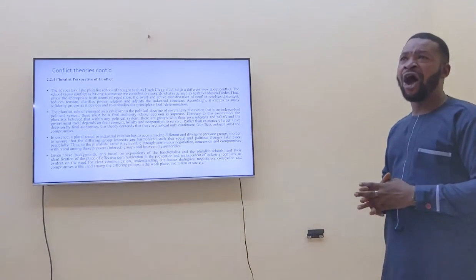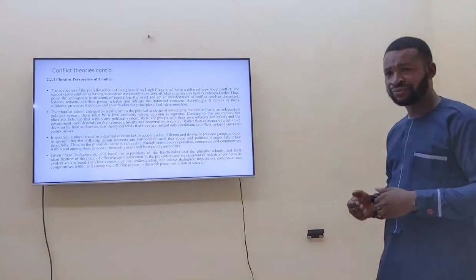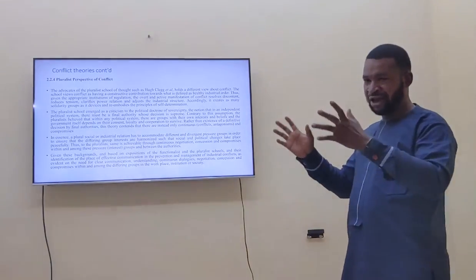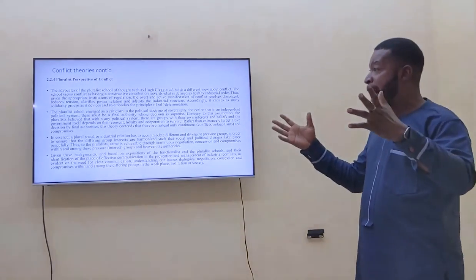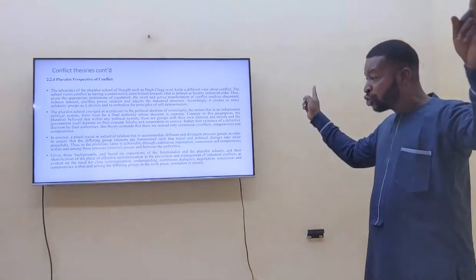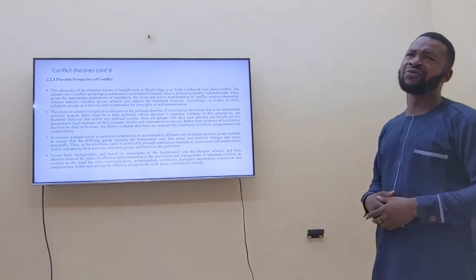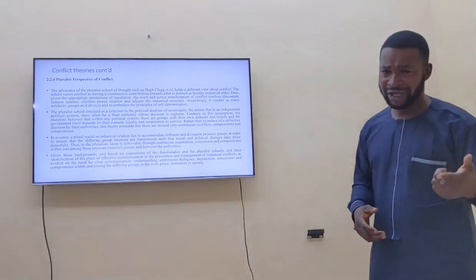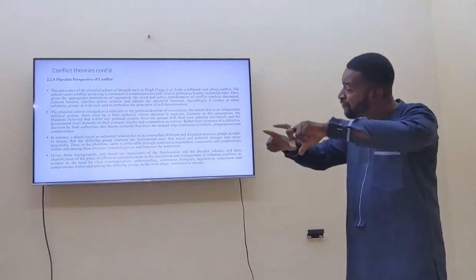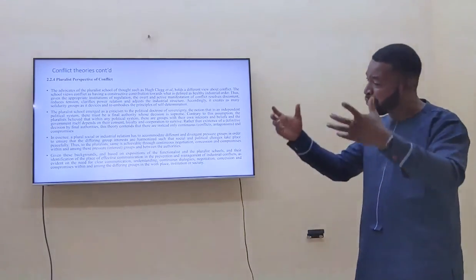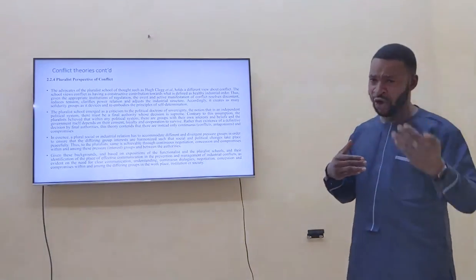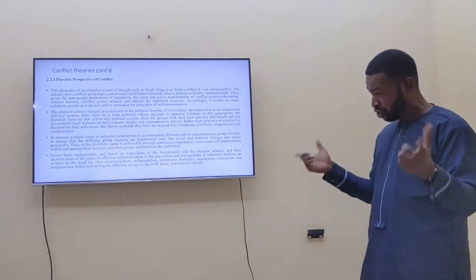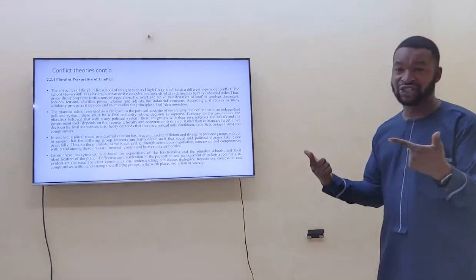That's why they are somehow against sovereignty. Sovereignty is talking about one supreme power. But this theory is simply saying that there is no way you will say that there is one supreme power. It is simply saying that in every system there are different people with different values and different norms. And because there are different people with different values and different norms, there is going to be clash of interest.